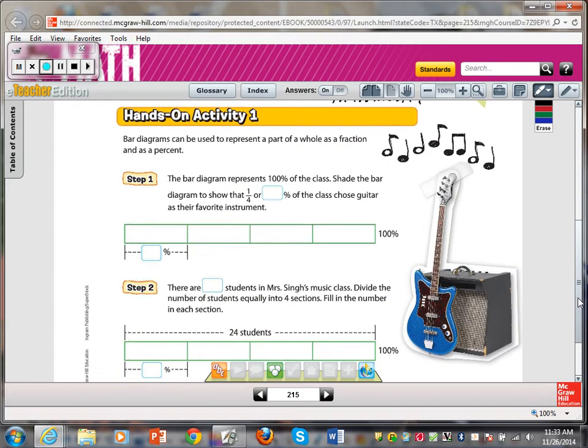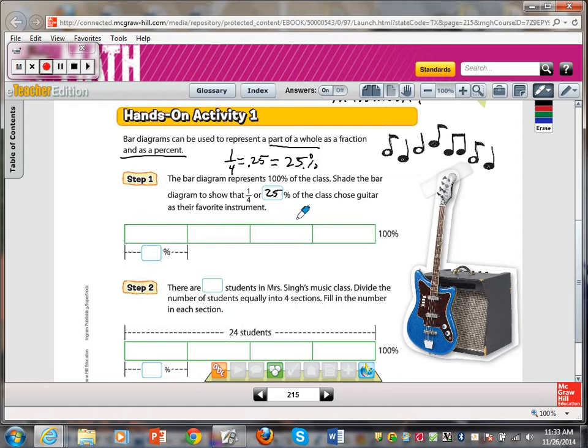Bar diagrams can be used to represent a part to whole as a fraction and as a percent. The bar diagram represents 100% of the class. Shade the bar diagram to show that 1/4 or 25%, because we know that 1/4 is equivalent to 25 hundredths, which we know is equivalent to 25%, of the class chose guitar as their favorite instrument.